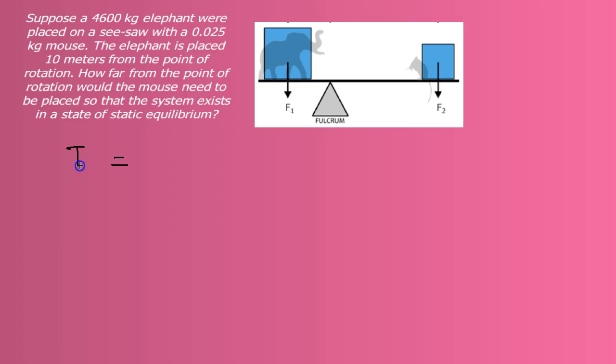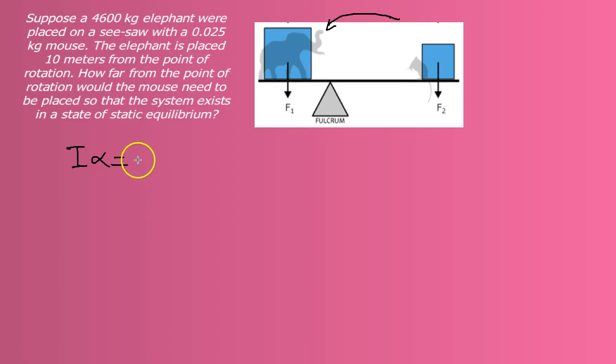So it has to be equal to I alpha. Remember the convention is that counterclockwise is positive, so in this case this direction is positive, this direction is negative. The elephant is trying to make it rotate this way, so that'd be a positive torque.